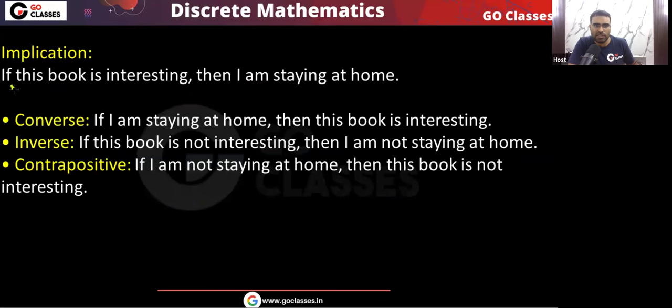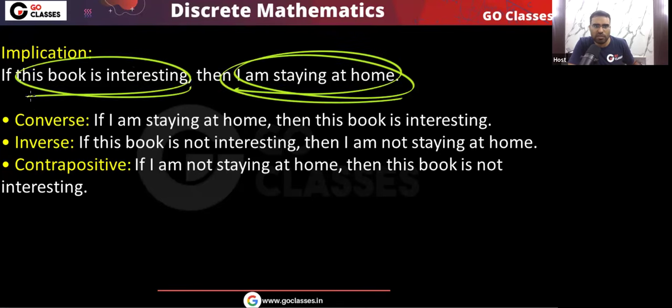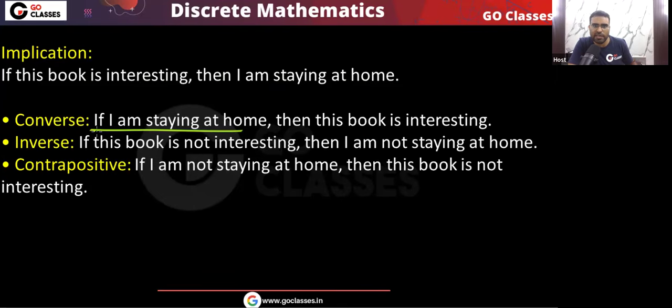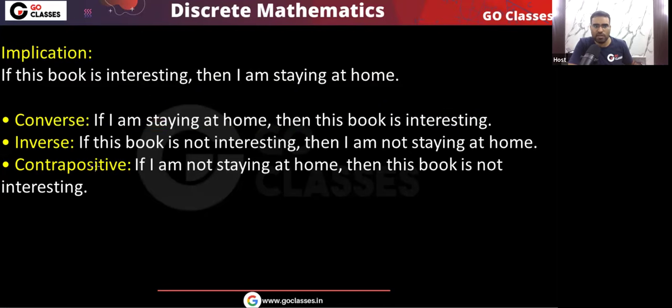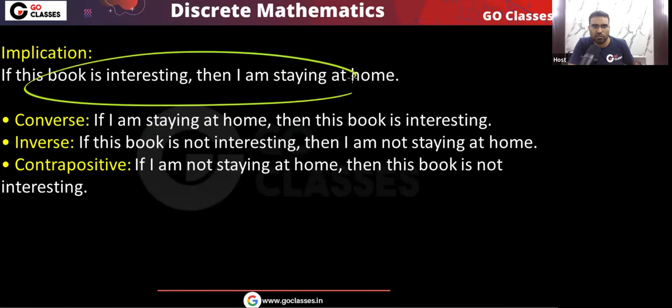For example, if our conditional statement is if P then Q, that means P implies Q, yes or no? Converse will be Q implies P. That means if I'm staying at home, then this book is interesting. This statement is the converse of the original.